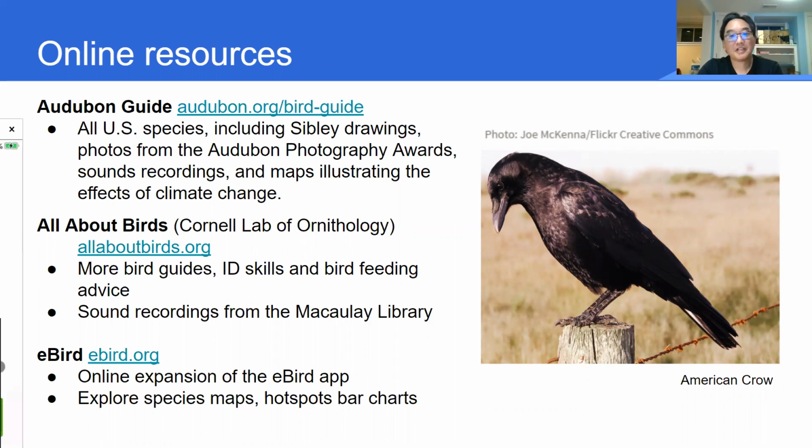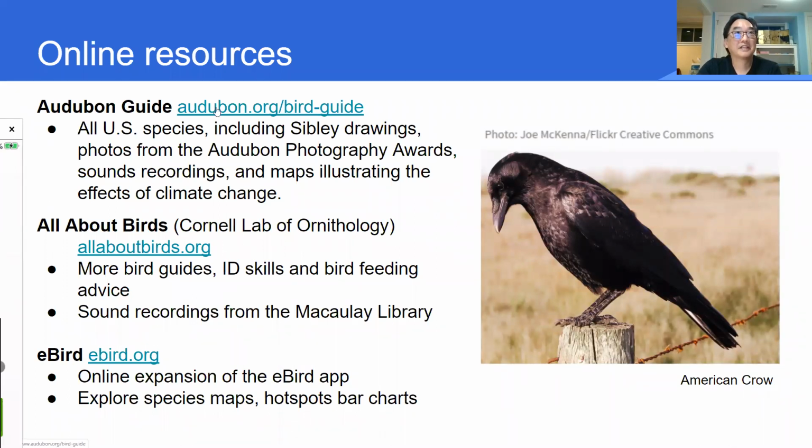We're probably spending a lot of time in front of our computers these days for one reason or the other. So it's a great time to check out some of these websites, go down some rabbit holes and check out all the information that's available on these.